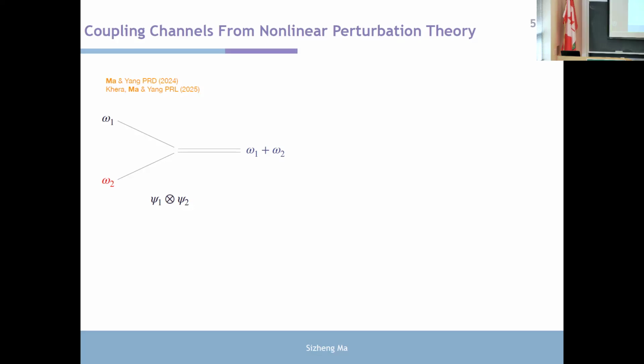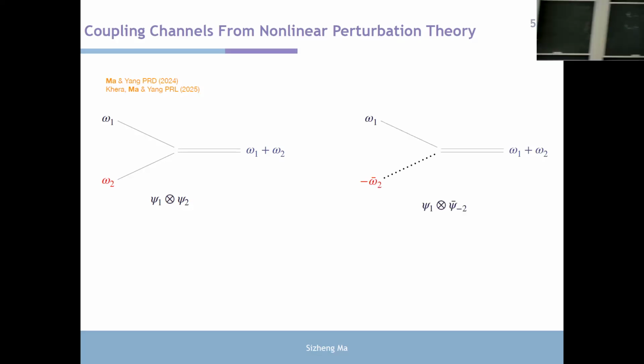The first one is the original one, and the second one is its complex conjugate. So this second one is called the mirrored channel. So here, let's imagine we have the third parent mode, psi minus 2 bar, whose frequency is at minus omega 2 bar. Here, this bar means complex conjugate.